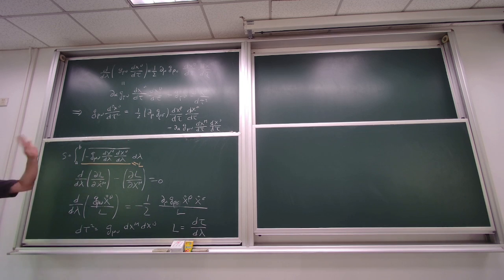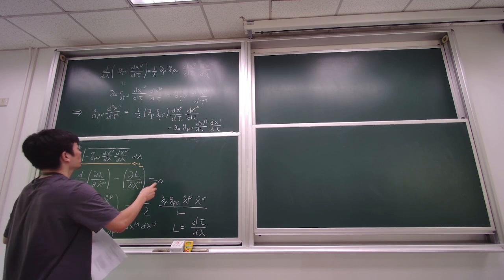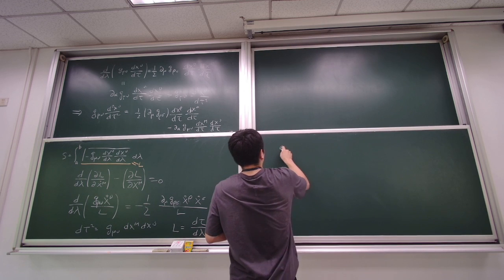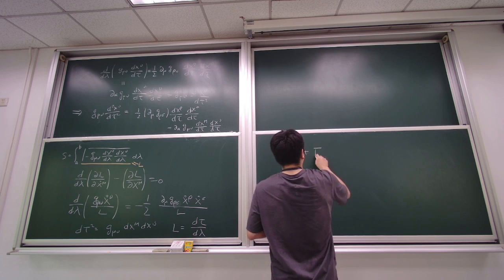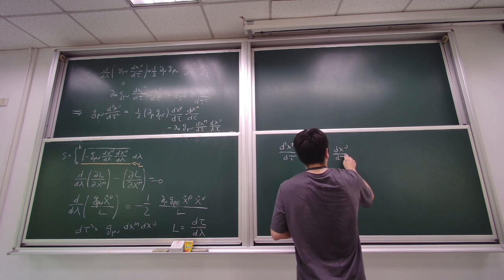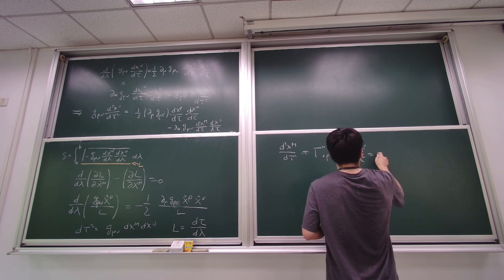And then using the swapping of indices and so on, what you get is d squared x mu d tau squared plus gamma mu nu rho dx nu d tau dx rho d tau is equal to 0.